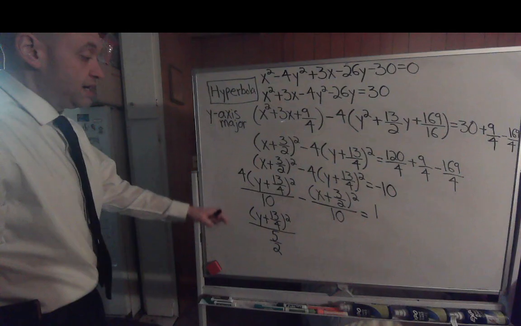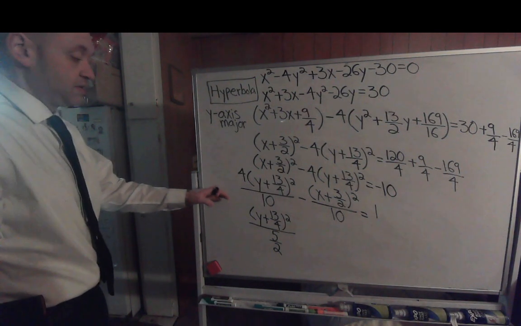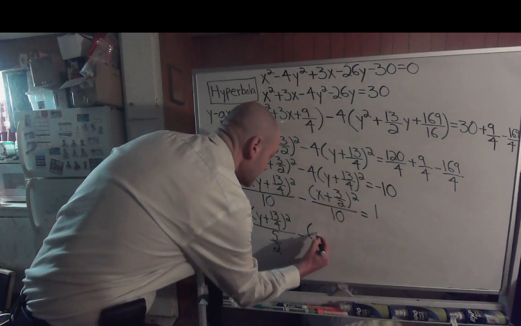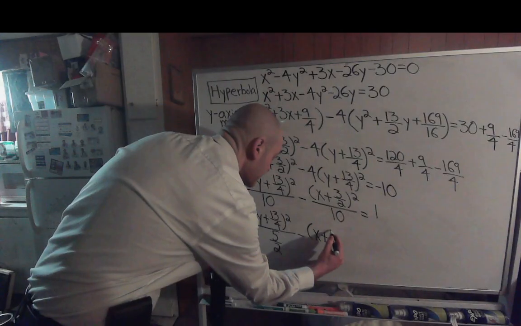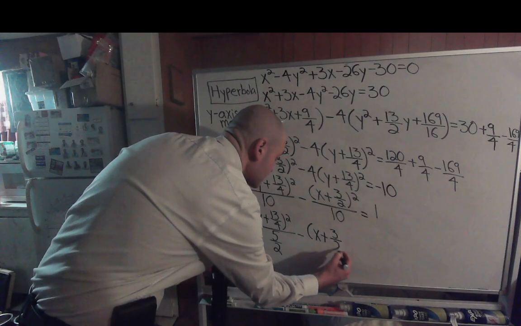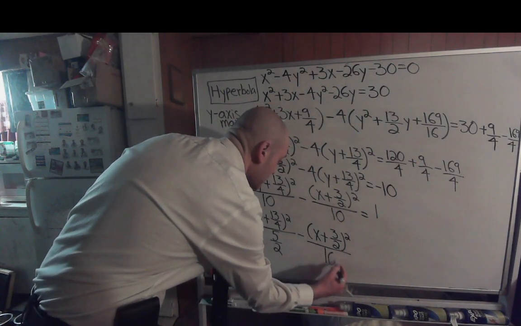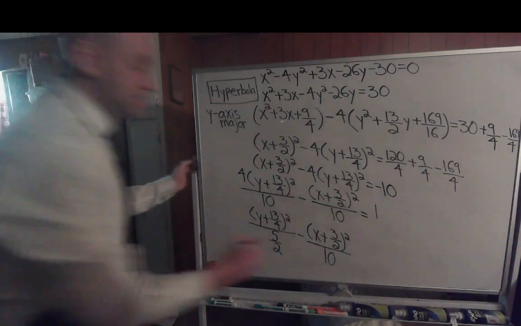Right, so we would end up having 5/2 in the denominator, so then this would be minus x plus 3/2 squared all over 10. All right, is equal to 1.